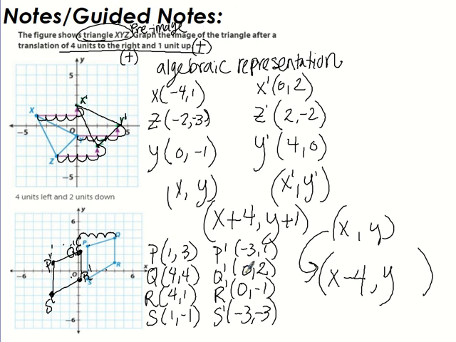See, 4 take away 4 is 0, 4 take away 4, 1 take away 4. That's because when we move left, we subtract. And then y was subtracted by 2. That's because we move down, we subtract. And look, there's my 2 and my 4. So it's the same exact numbers, and I just have to decide if they're being added or subtracted. And notice that here too, it was 4 and 1. I just need to decide if I'm adding or subtracting.